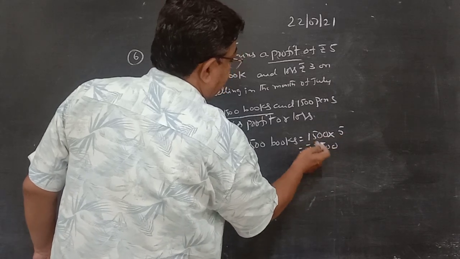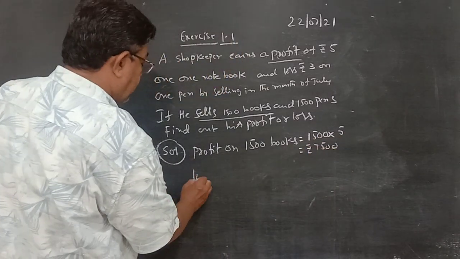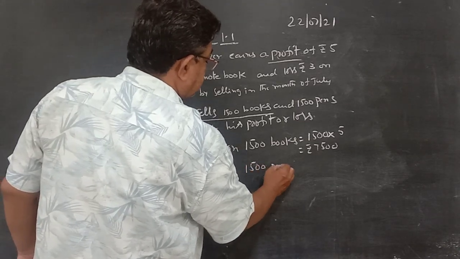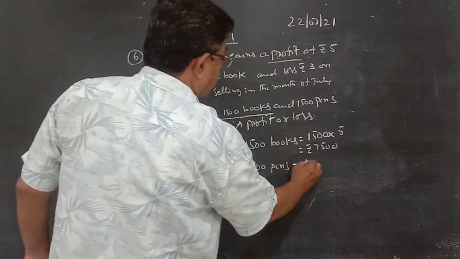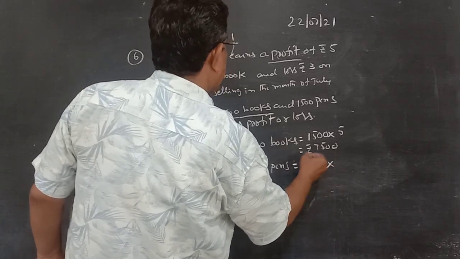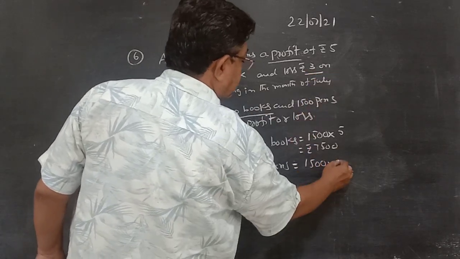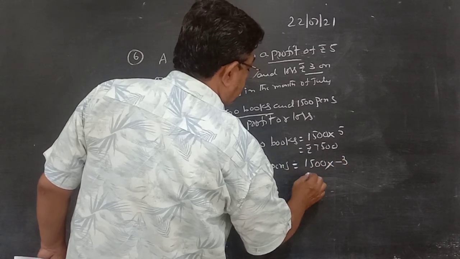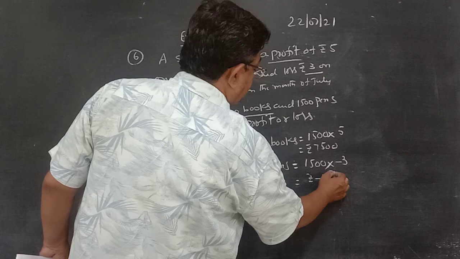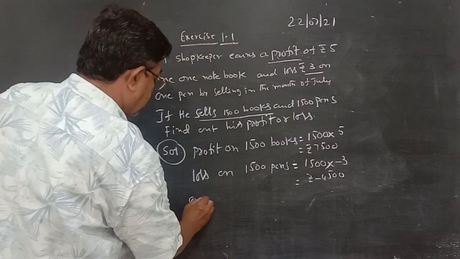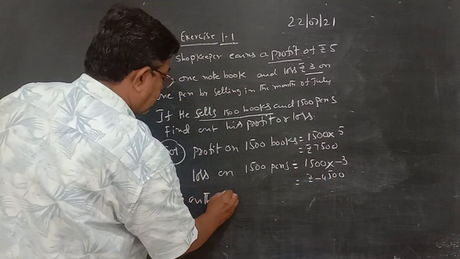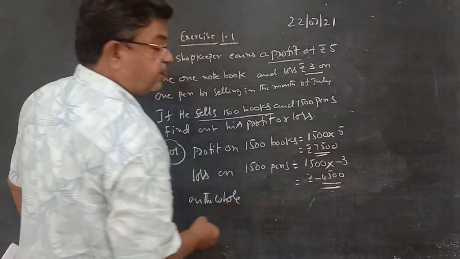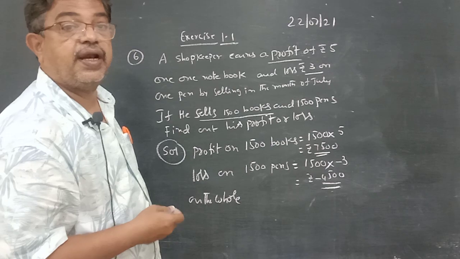Loss on 1,500 pens is equal to 1,500 into, what is the loss on each pen? 3 rupees, minus 3. So it is rupees minus 4,500. So on the whole, you can observe, profit is 7,500 and loss is 4,500. Therefore, profit is more than loss.